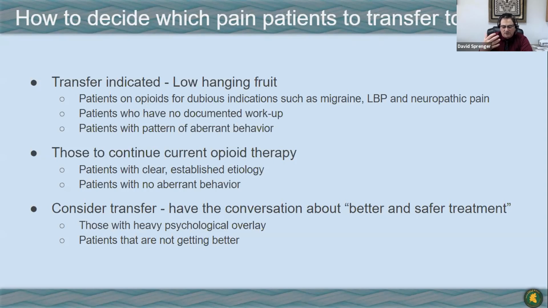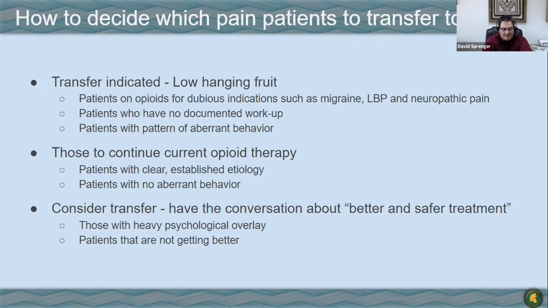And it's important to be compassionate with these folks, because they are in pain, and they're doing what they know to be helpful, or at least had been helpful in the short term for their psychic pain. But there's better ways of handling it, much safer ways of handling it. So you want to have that conversation.